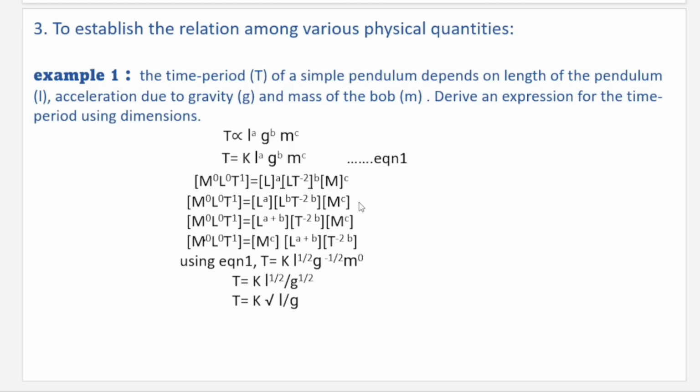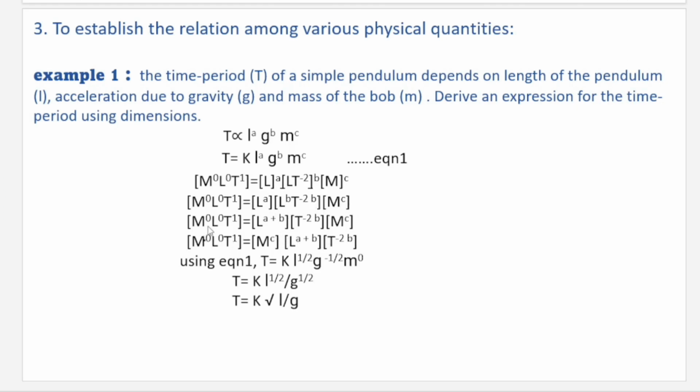Next step is getting the same dimensions together. For example, B and B here. So we get M0 L0 T1 is equal to L^A L^B T^-2B M^C. Next step is getting together the same fundamental units.